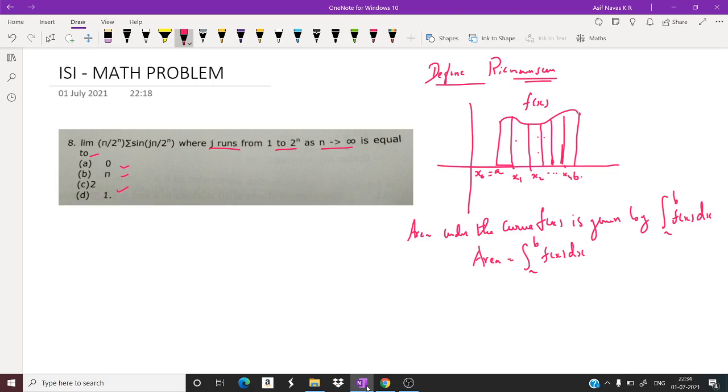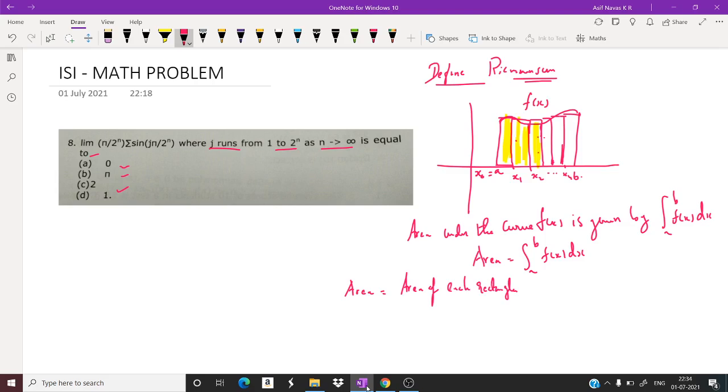Now, in order to find the approximated area, it is equal to the area of each rectangle. So I'm approximating this area by using rectangles.